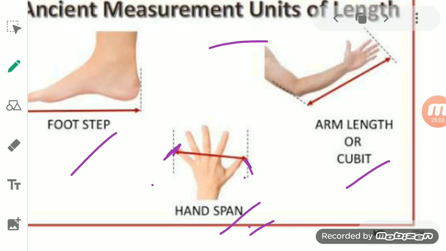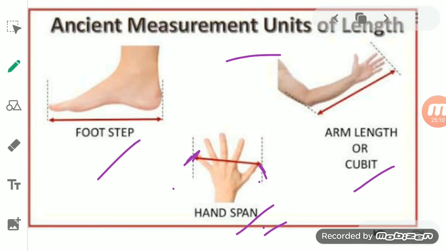It is the distance covered by one foot. When we talk about the cubit, the cubit is your arm length, that is from the tip of your fingers to your elbow. So these are the different body parts that we used to measure different objects.